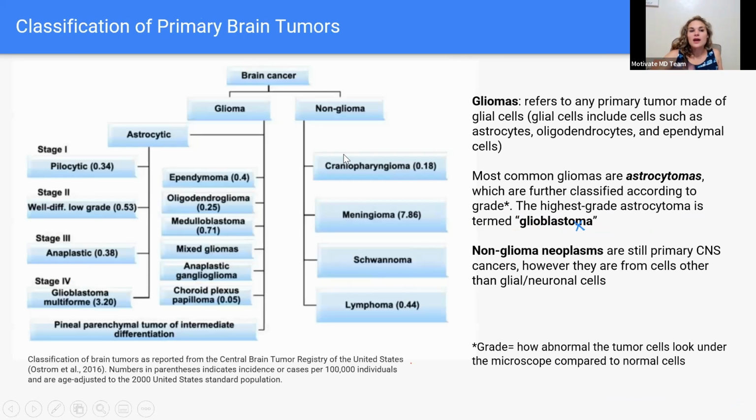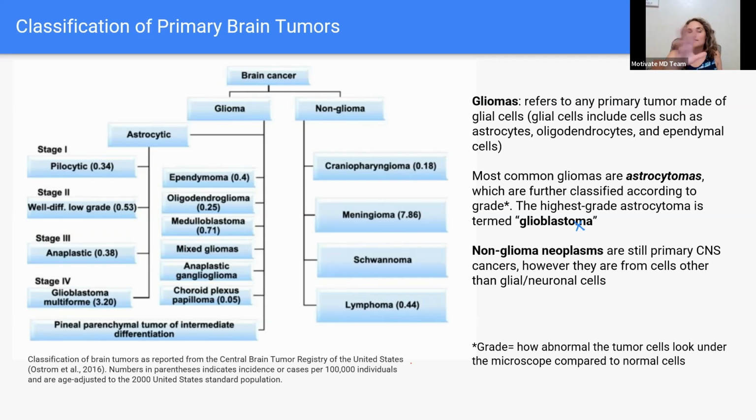When we're just thinking about primary, because obviously secondary is elsewhere and just metastasized to the brain, it didn't actually come from the brain itself, we're just going to focus on the primary brain tumors. With primary brain tumors, we have two large groups. They are either gliomas or non-gliomas. Gliomas came from cells of the nervous system: glial cells, astrocytes, oligodendrocytes, ependymal cells, all of those cells of the central nervous system that myelinate neurons, that clean up debris, that serve as immune defense.